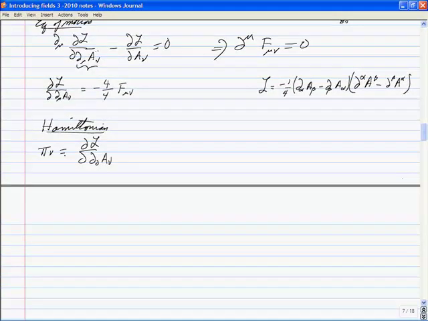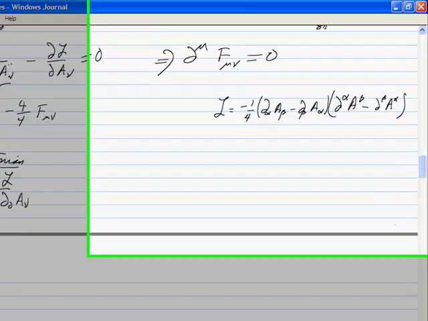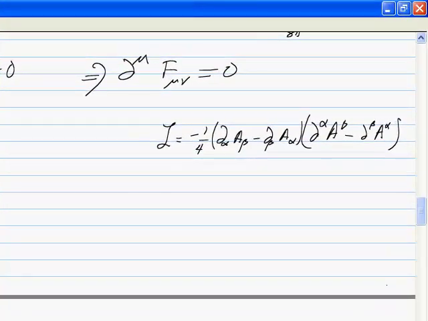Pi nu is defined as that. And we've actually worked that out up there. It's minus F0 nu. Okay. Now here's a funny feature. This is 0 for nu equal to 0.